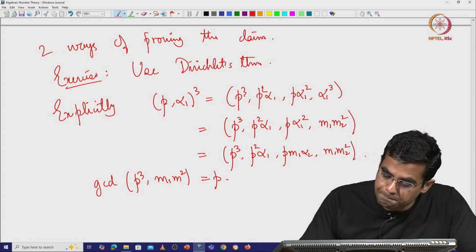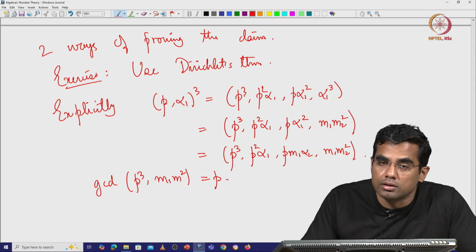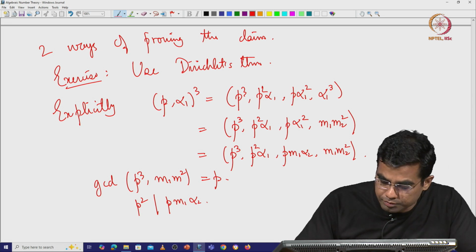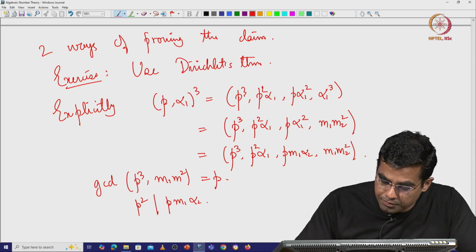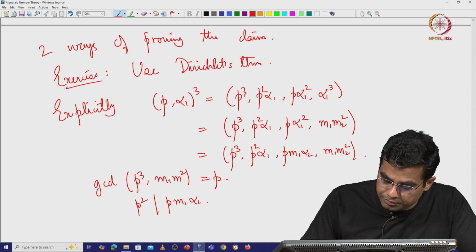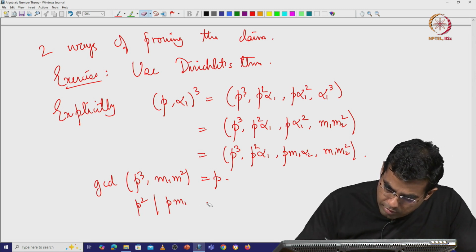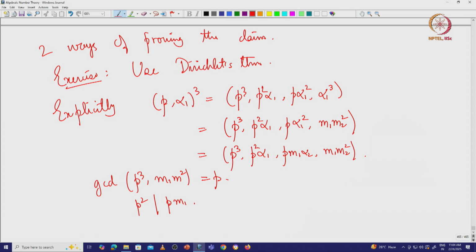And p squared divides p m1 alpha 2, because p divides m1.